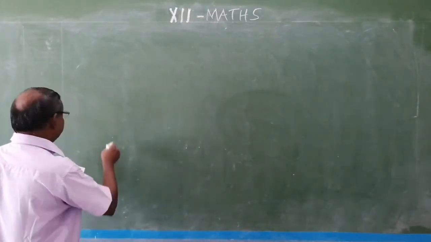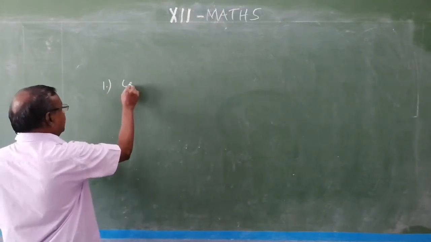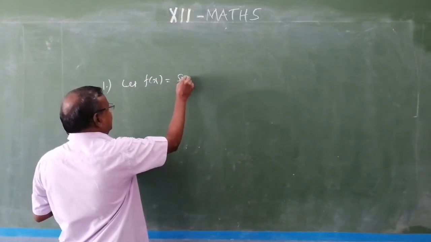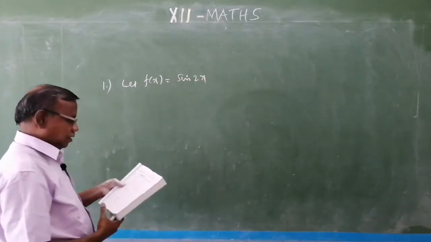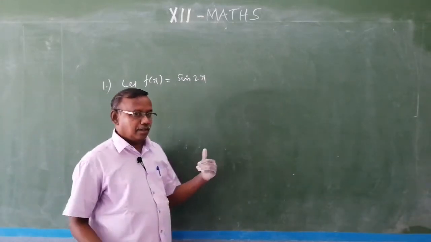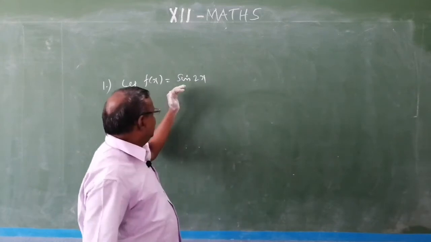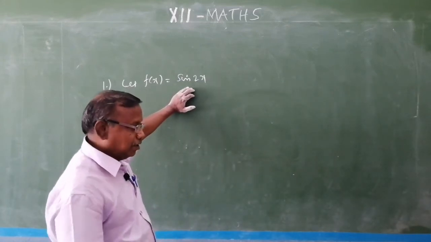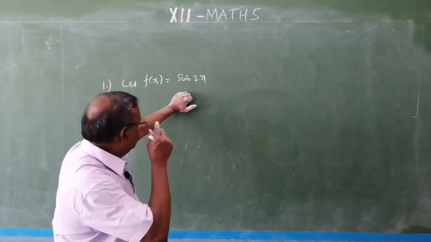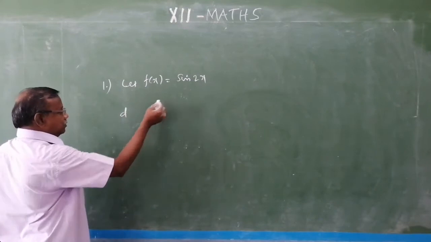First one is sin 2x. Let f of x equal sin 2x. We know that sin x and cos x are mutually related by derivatives. If you differentiate sin x, it becomes cos x, and if you differentiate cos x, it becomes minus sin x. Accordingly, we can do this problem like this.